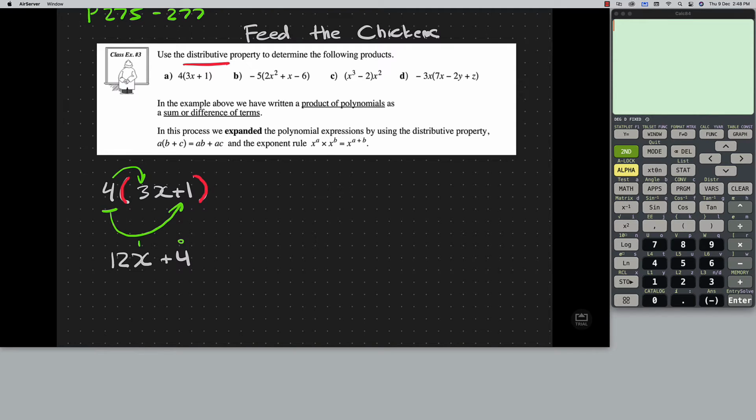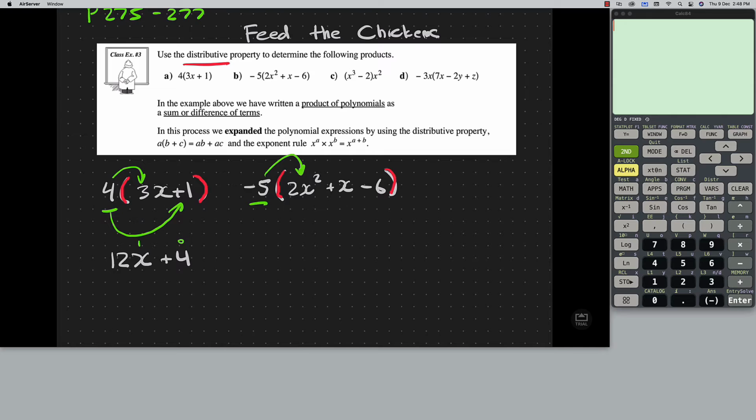Everything's good. Let's take a look at the second one, which is negative 5 times 2x squared plus x minus 6. So now we're going to be multiplying that constant of negative 5, that's the farmer, and this time I guess this farmer has a bigger coop because he can afford to have 3 chickens.